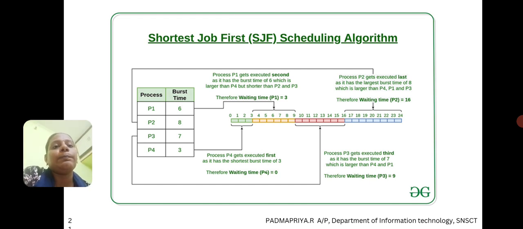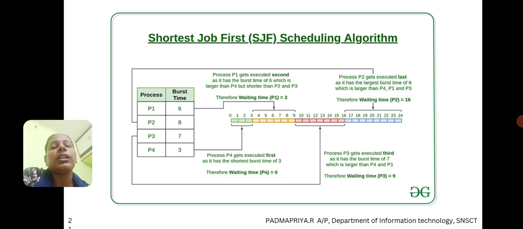The process with the lowest burst time requests the CPU first. Here P4 has the very lowest burst time, so P4 is eligible to request the CPU first.